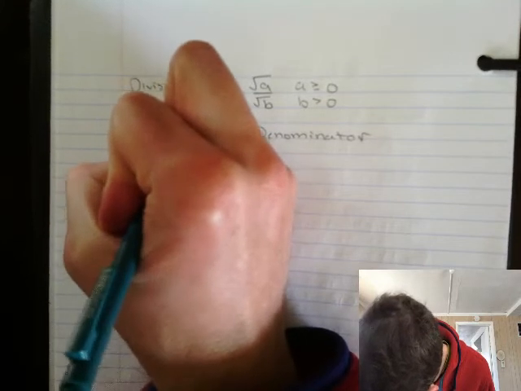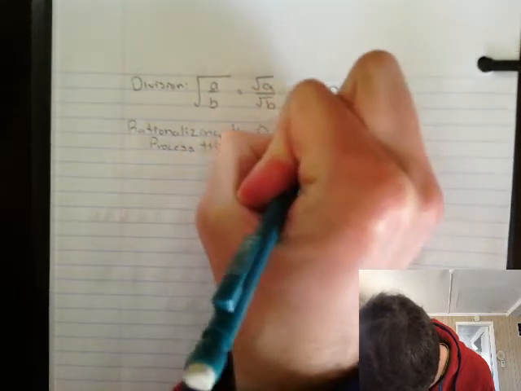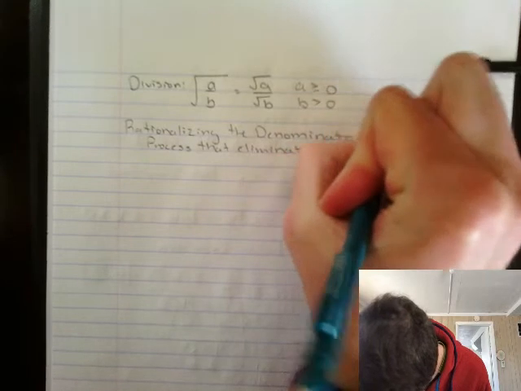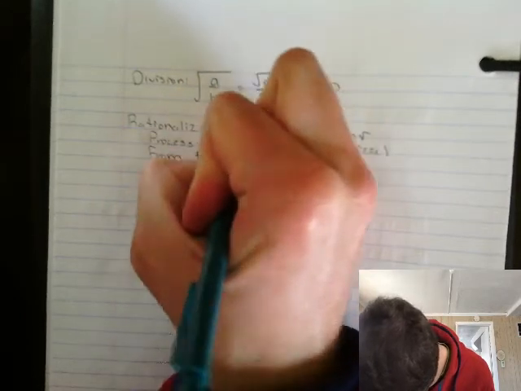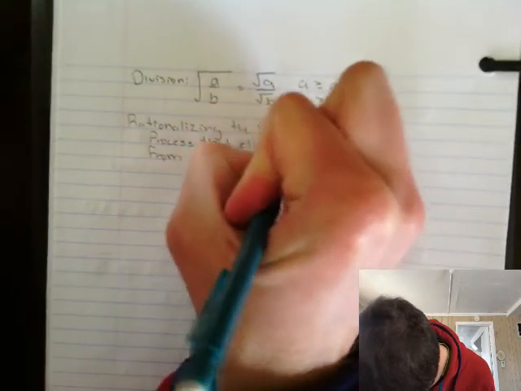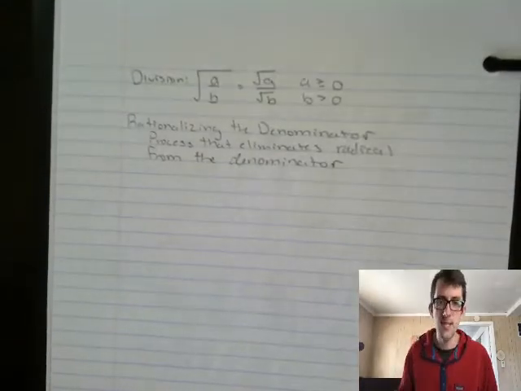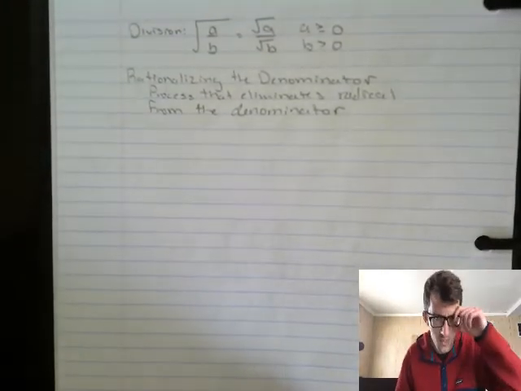It's the process that eliminates the radical from the denominator. Okay. The process that eliminates the radical from the denominator.